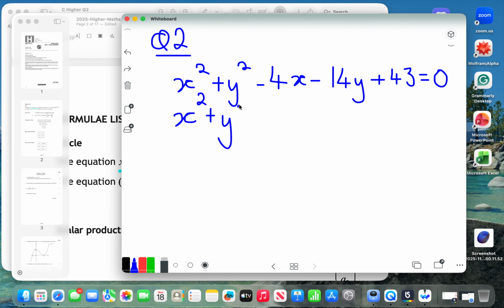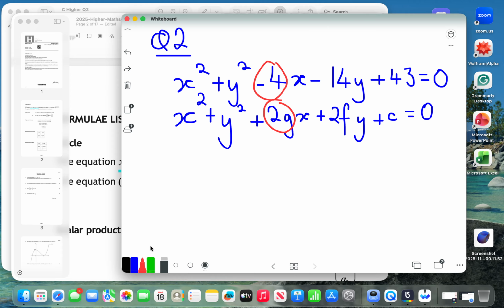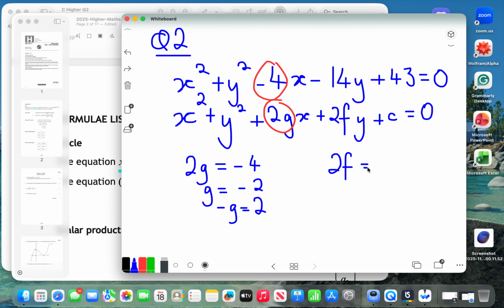If we compare -4 and 2g, you get that g is -2, and so -g is going to be 2, because we need -g and -f. 2f is -14, and yet again we get f is -7, and -f is 7.